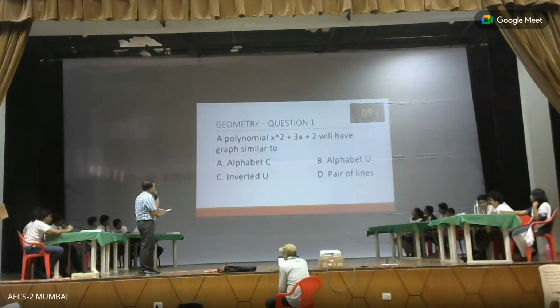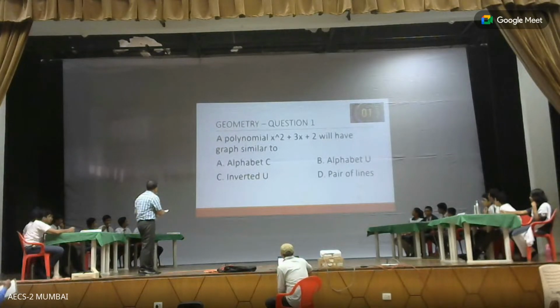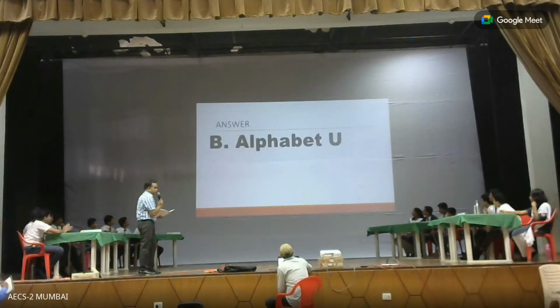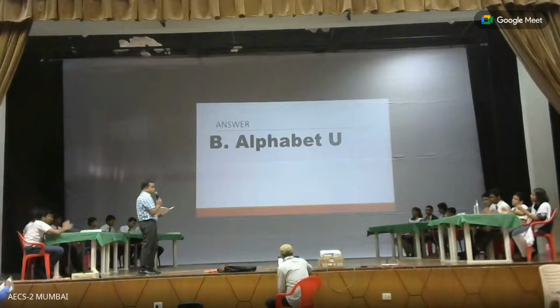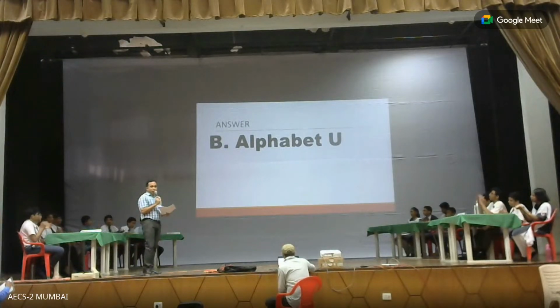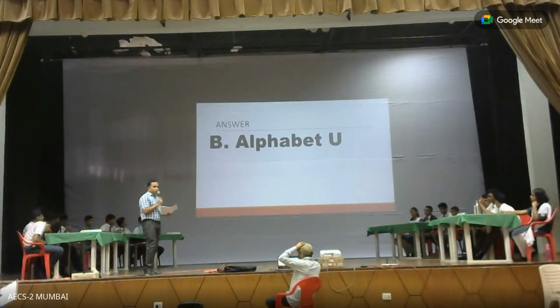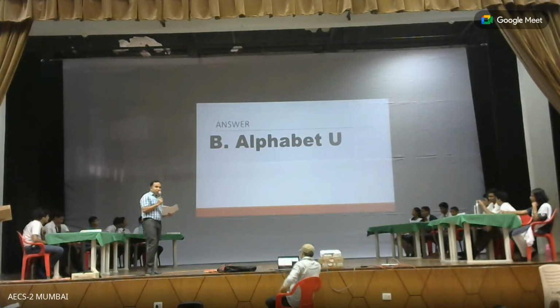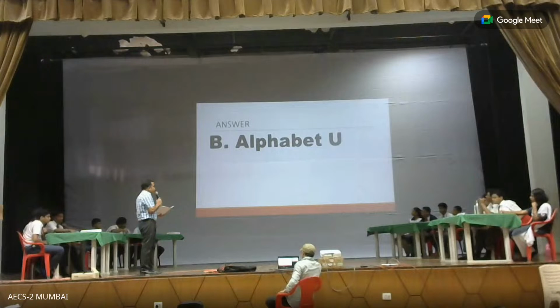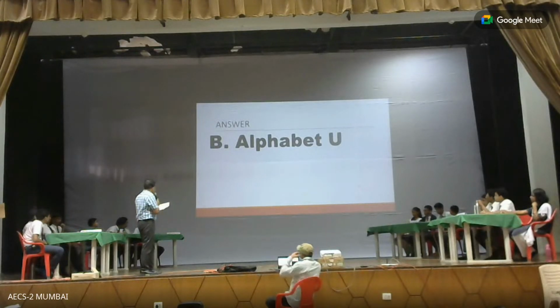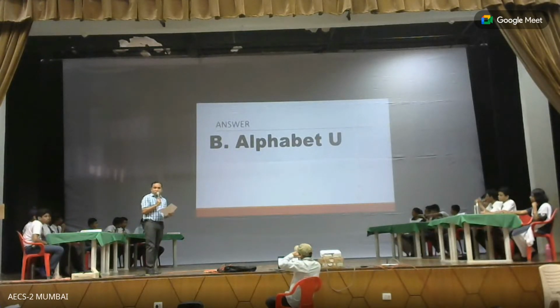Option B, alphabet U. Can we have the answer, please? Alphabet U is the right answer. X square plus 3x plus 2 has the x square multiplier positive, so it must look like alphabet U. Nice. +10 to Ramanujam. Scorers, please note.